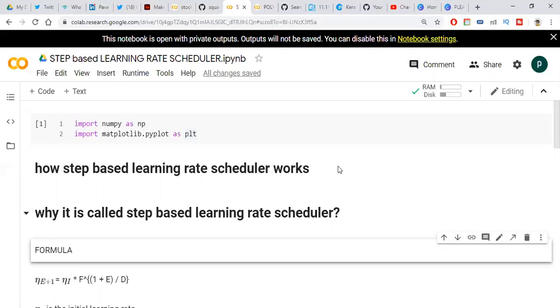And next, how does the step-based learning rate scheduler work? In this scheduler, the learning rate does not change for every epoch. This is the main difference between the square root scheduler and step-based learning rate scheduler, friends.